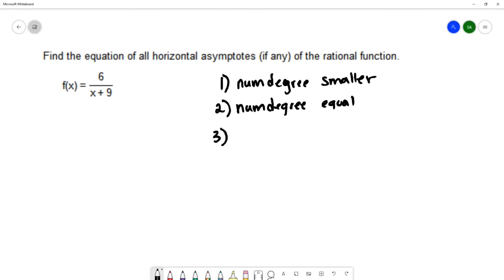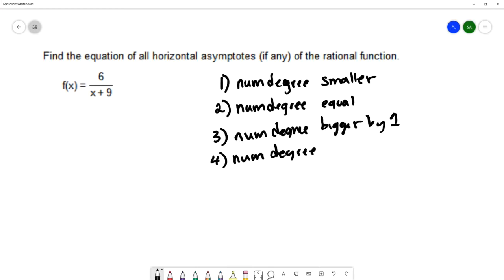In the third case, the numerator degree is bigger by 1 than the denominator degree. And in the final case, the numerator degree is bigger by more than 1. So in order for us to figure out which case we're working with, we have to know the degree of the numerator as well as the degree of the denominator.